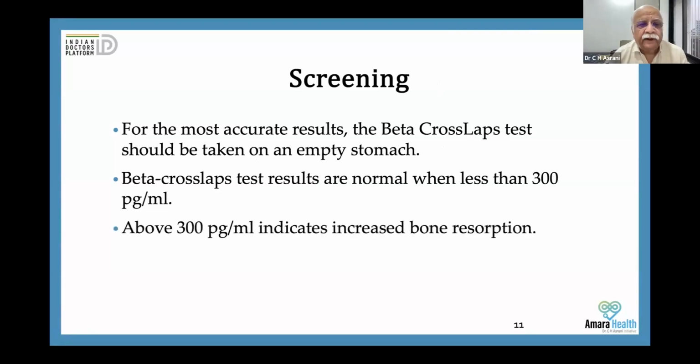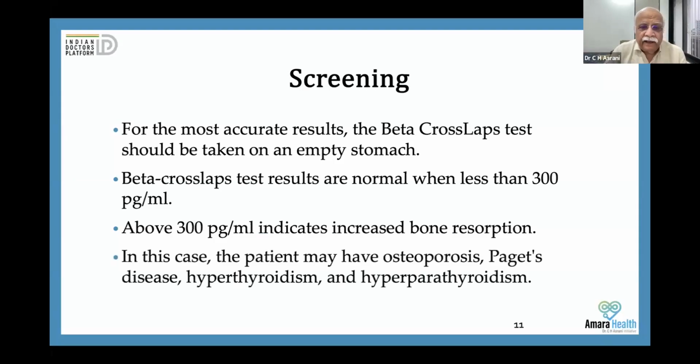Above 300 picogram per ml indicates increased bone resorption, which needs to be corrected. In this case, when the beta crosslap is above 300 picogram per ml, they may have osteoporosis or they may have metabolic bone disease, Paget's disease, hyperthyroidism, or hyperparathyroidism.